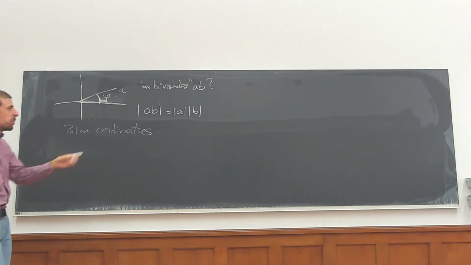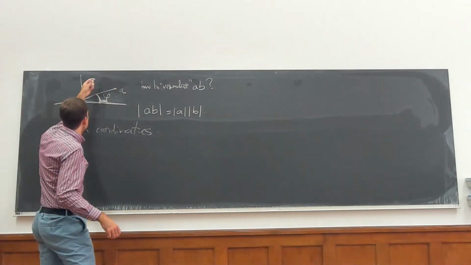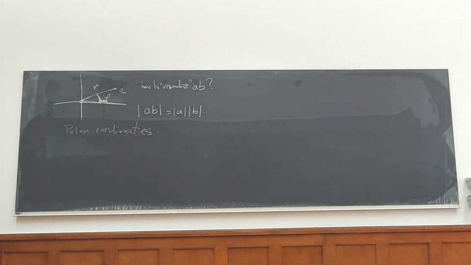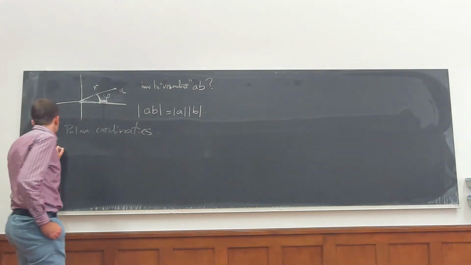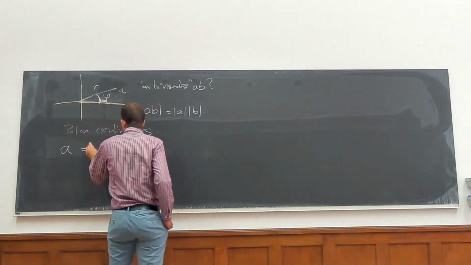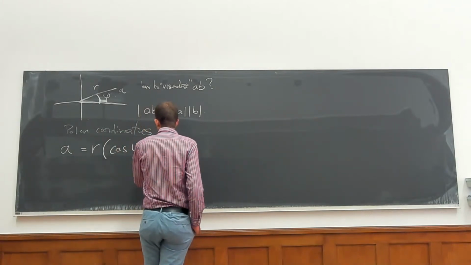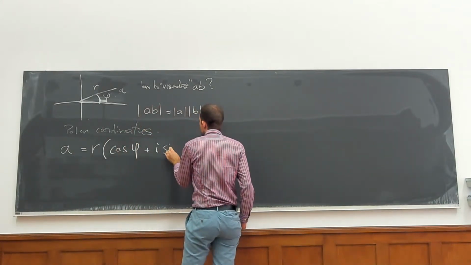Okay, so now I can represent the number A by the angle and the length. Let me call it r, in the normal language of polar coordinates. So I can now write A as r times cosine of the angle plus i sine of the angle.